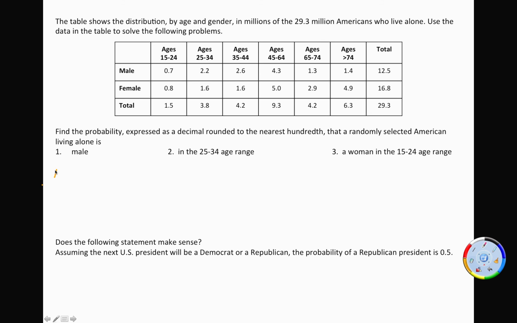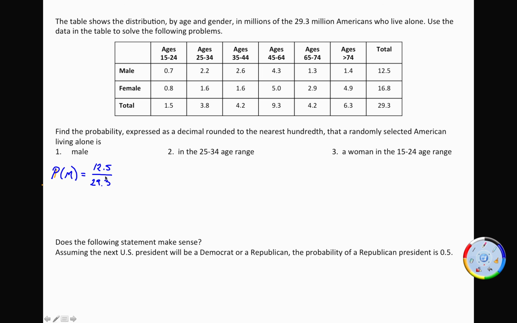It just says I want to find the probability that the person is male. So there's 12.5 million males out of a total of 29.3 million.